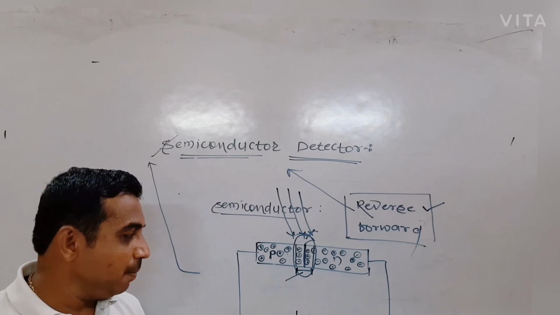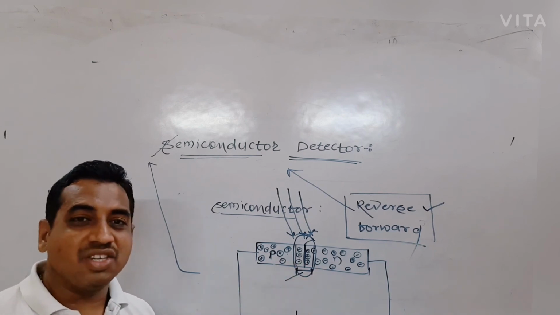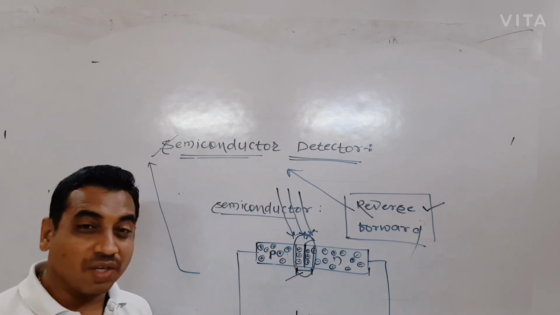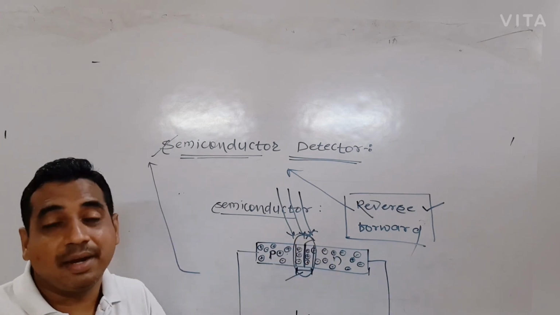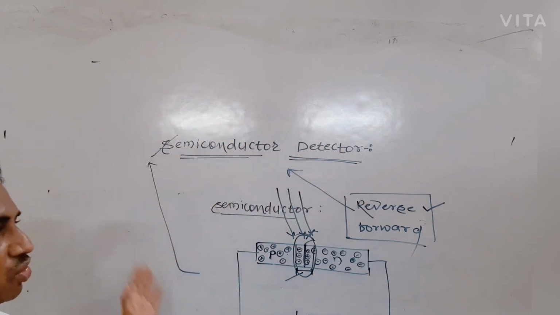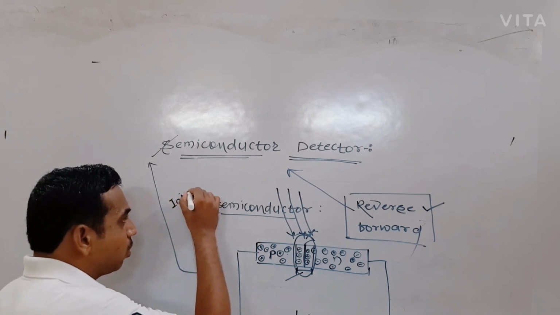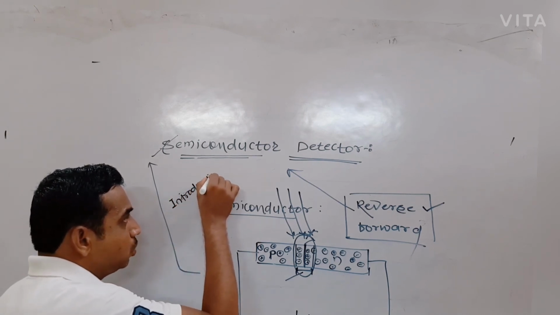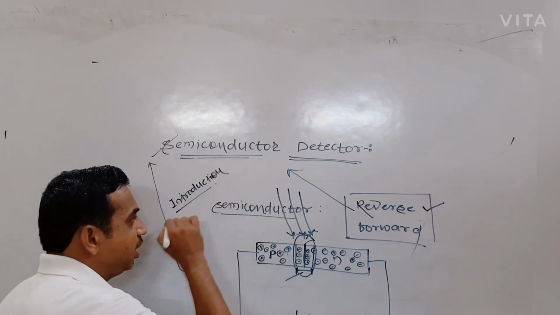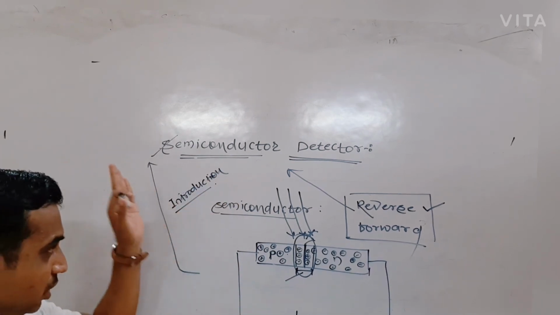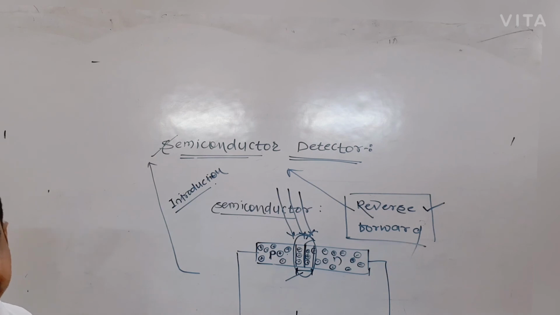After that we see the PN junction. What is the importance of the junction? What is the depletion layer? How is it made? It is just the introduction. We are not going to study the detector right now.